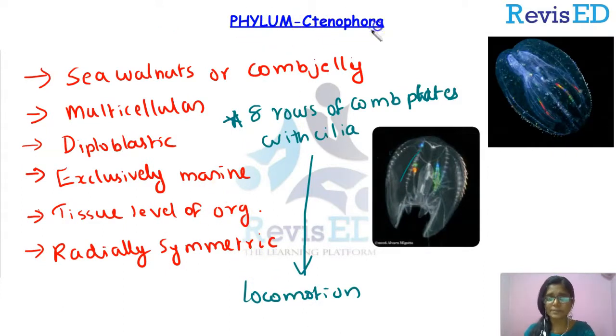It's a simple phylum. There are not a lot of points to remember. They are commonly called sea walnuts or comb jellies. They are multicellular organisms with diploblastic body organization. They are exclusively marine, have a tissue level of organization, and are radially symmetrical. The peculiar feature of this phylum is the eight rows of combs with cilia, which serve them in locomotion.